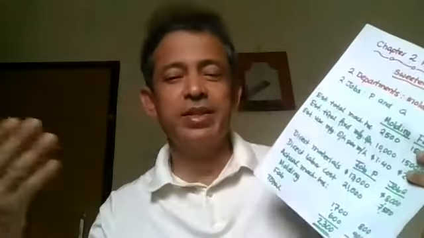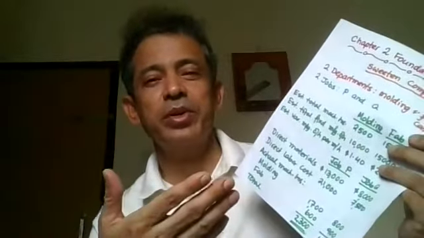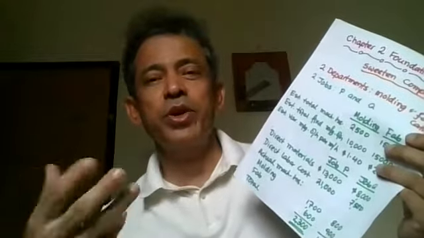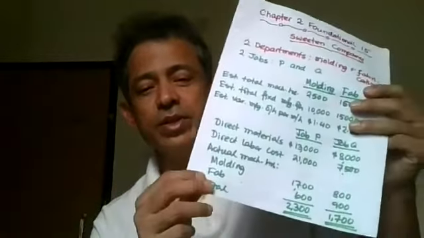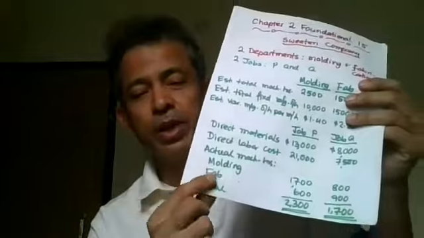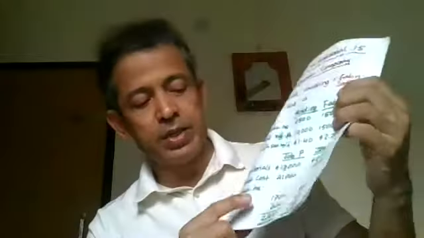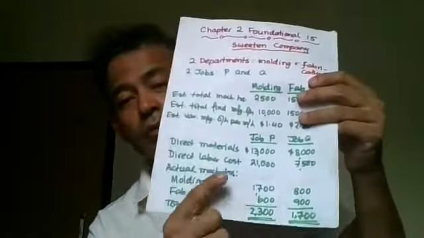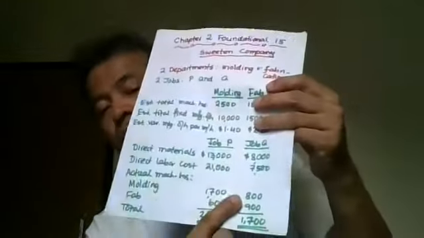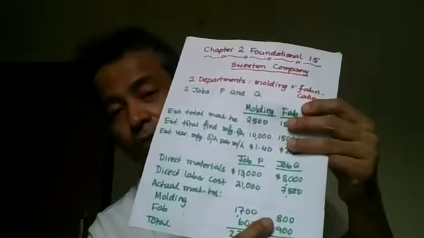When you go through a certain department, you consume their services. So from molding to P, the answer must be 1,700 times $5.40, and molding to Q is going to be 800 times $5.40.